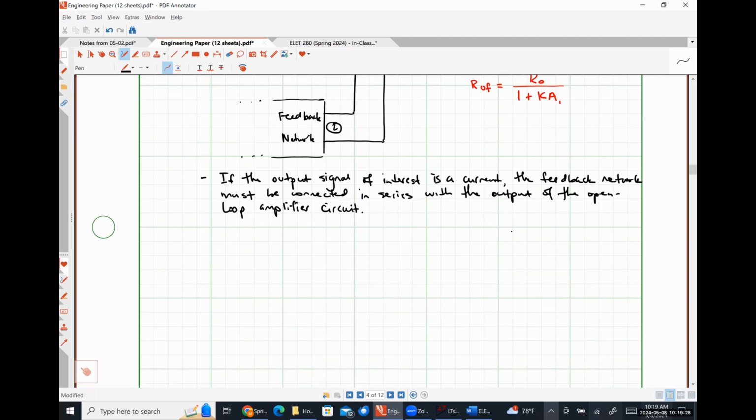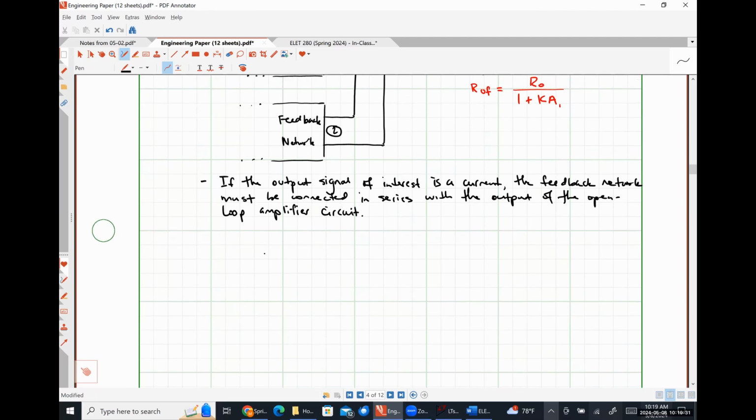So redrawing our little picture from above, that might look something like this.